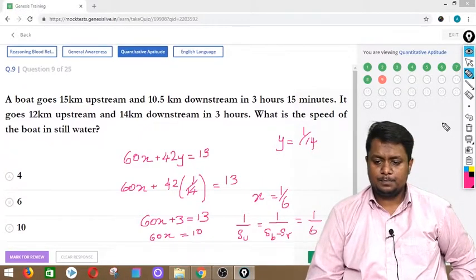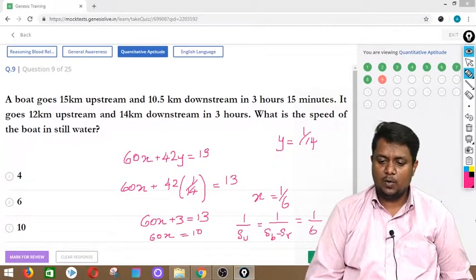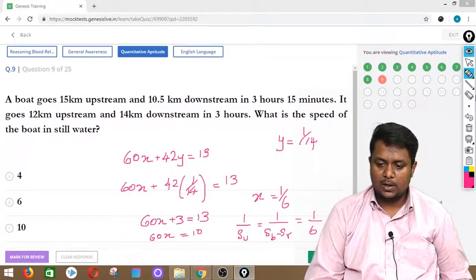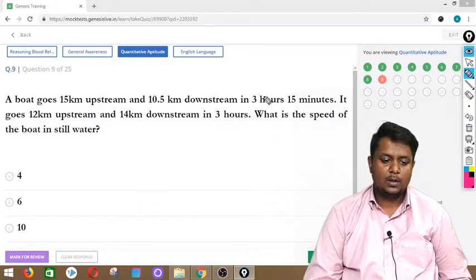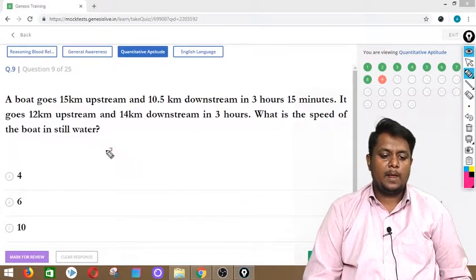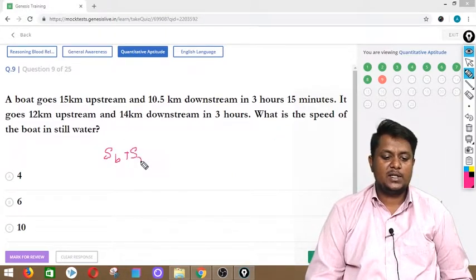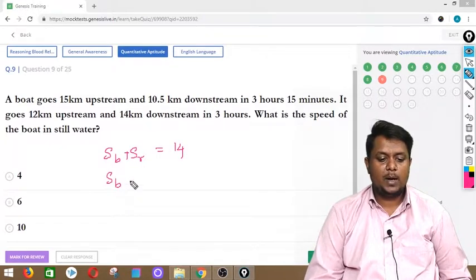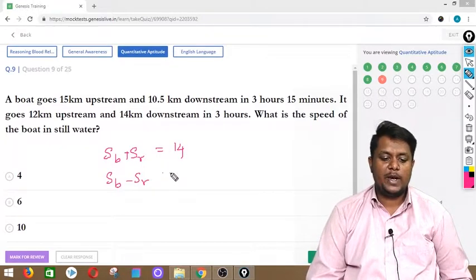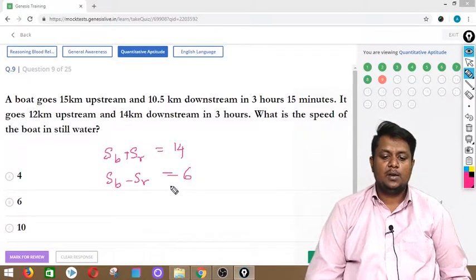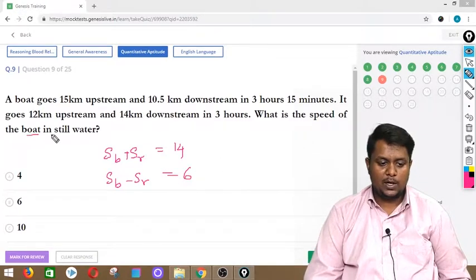Based on all this calculation, we have derived two things. SB plus SR, which is speed of the boat plus speed of the river, is equal to 14. SB minus SR, speed of the boat minus speed of the river, is 6. We are supposed to find out speed of the boat in still water.